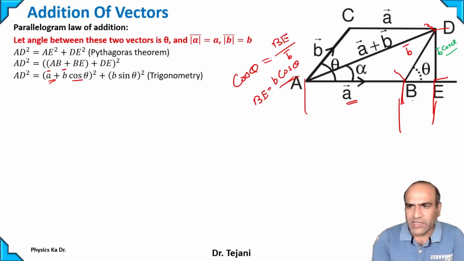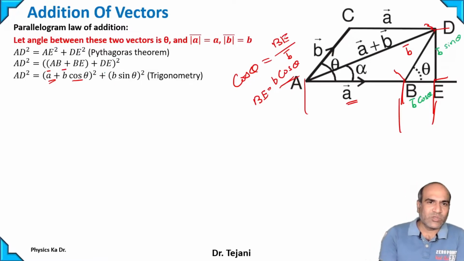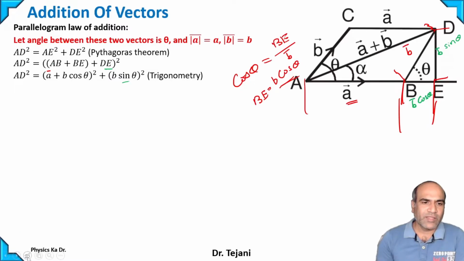Simple trigonometry, already studied this. This line becomes B bar sin theta, and the earlier one is not correct. Correct it. This becomes B bar sin theta. Great. So this is DE, from that, we just use trigonometry.